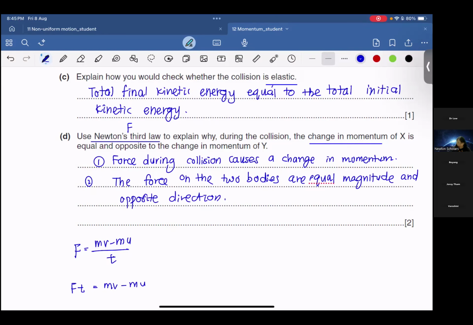Okay, so we're talking about Newton's third law. The force acting on two objects, equal magnitude, opposite direction, like this, you score 1 mark already.